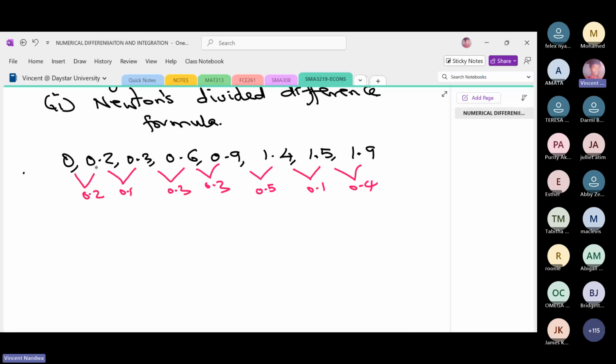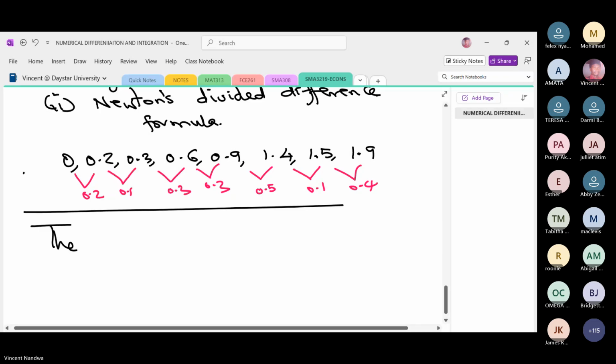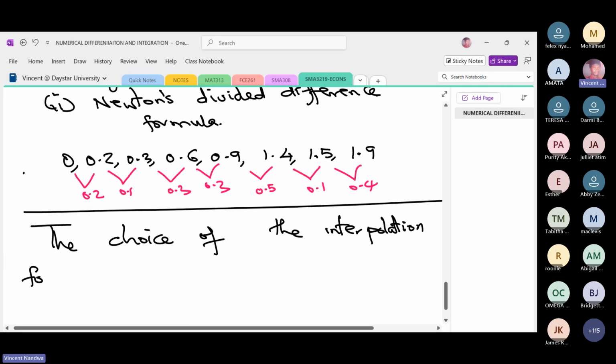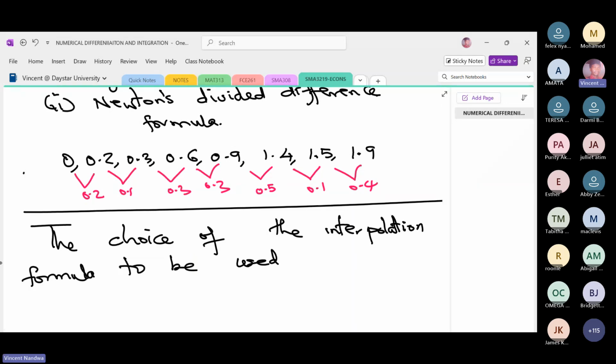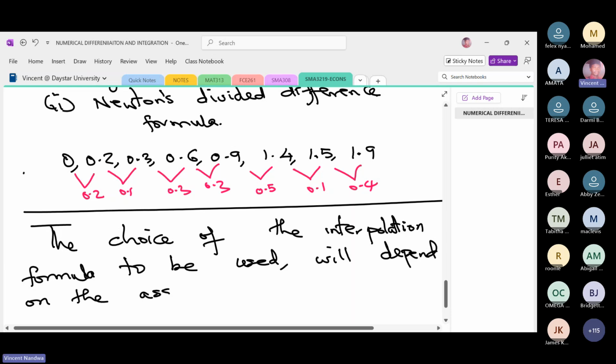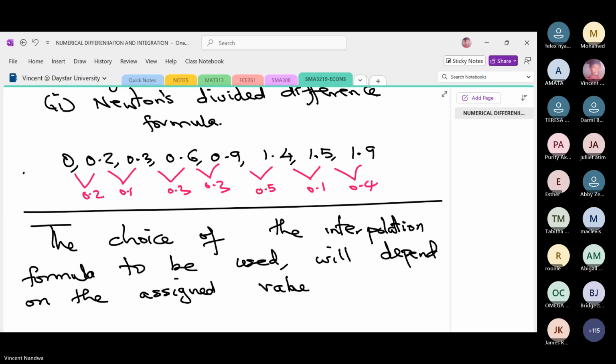We say the choice of the interpolation formula to be used will depend on the assigned value of x at which the derivative is desired.